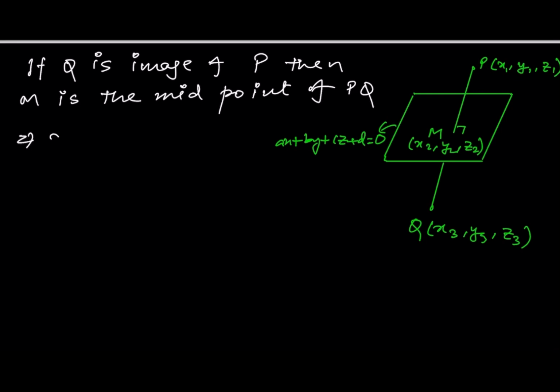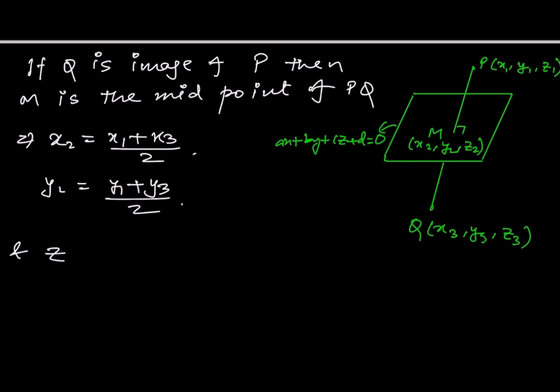So x2 will be (x1 plus x3) by 2, y2 will be (y1 plus y3) by 2, and z2 will be (z1 plus z3) by 2.